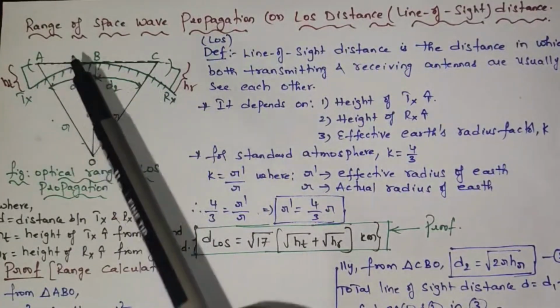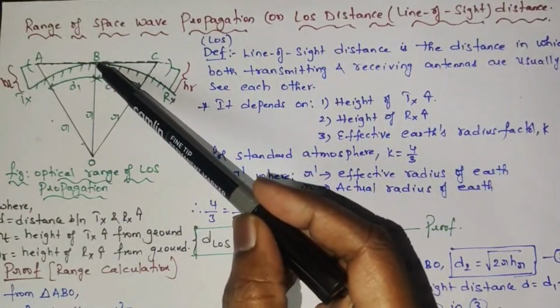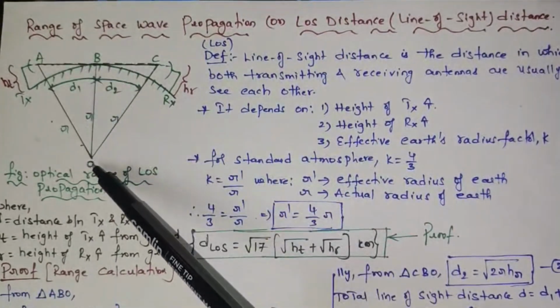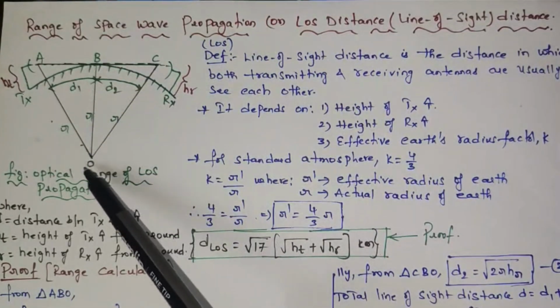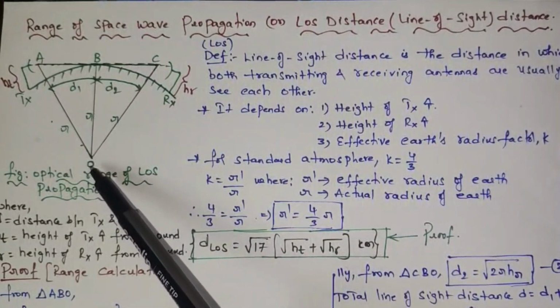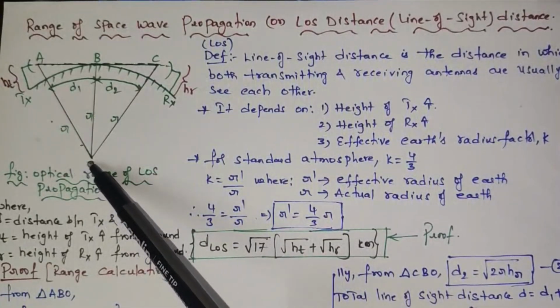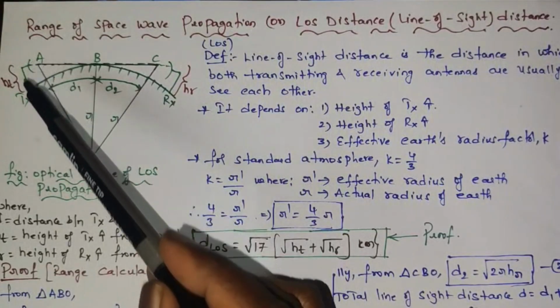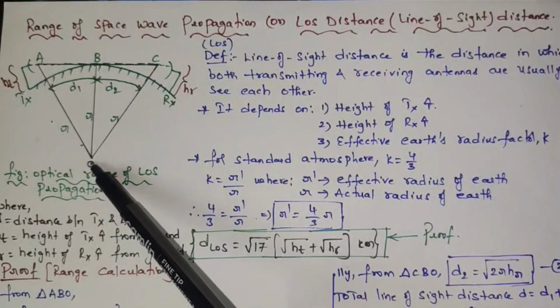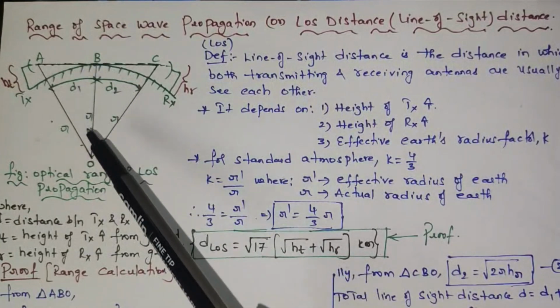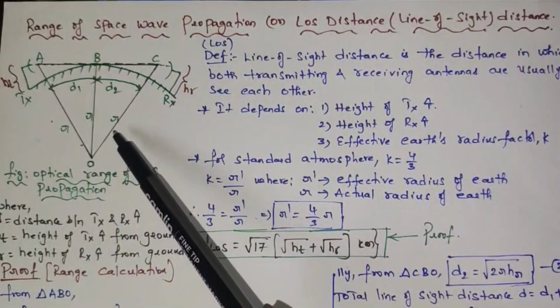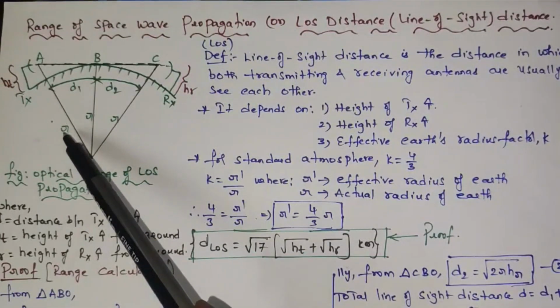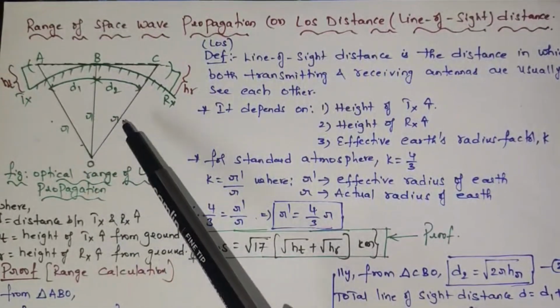From the middle of the earth surface you take one point with a distance r, called O. The distance from O to the transmitting antenna is r, the distance from O to the center of the earth is r, and the distance from O to the receiving antenna is r.